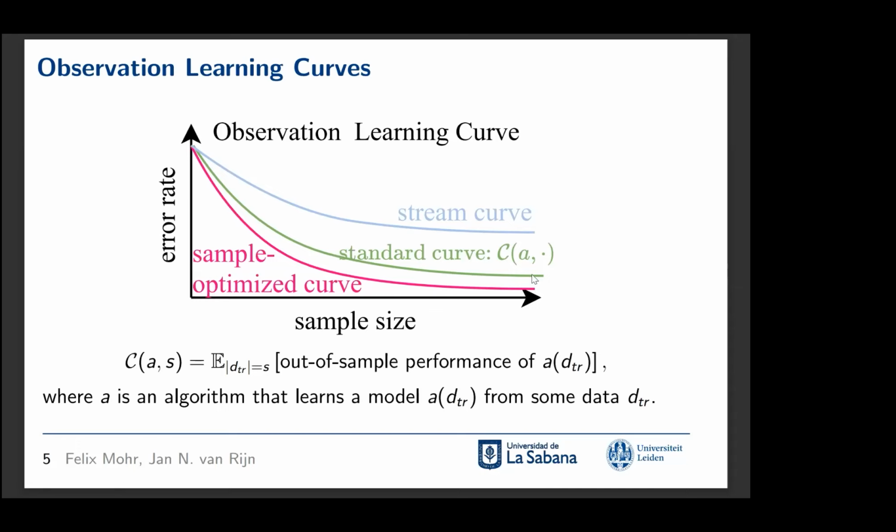So what does A do? A takes some set of training data of size S and infers a model from that, what we typically call a model or hypothesis. And this hypothesis has some performance, which we ideally measure with the out-of-sample performance, which we all know is not possible.